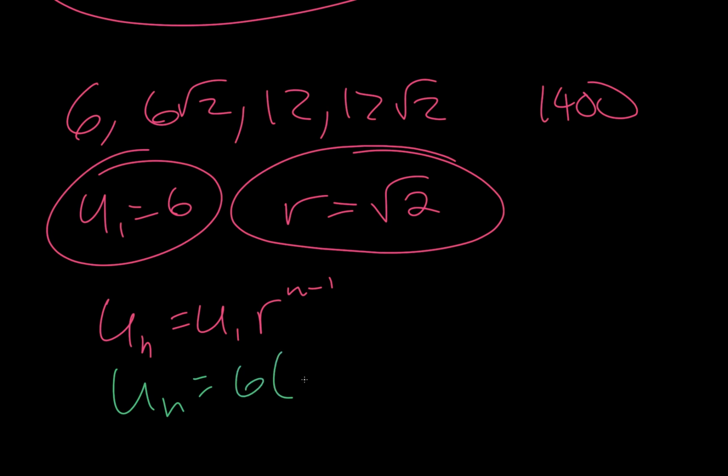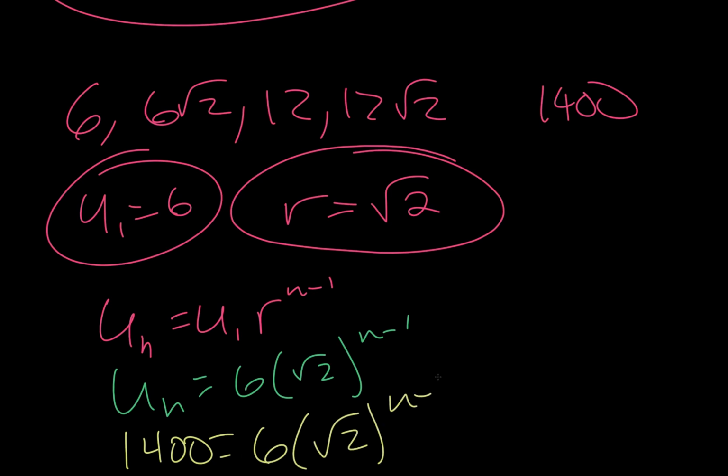So 6 times root 2 to the n minus 1. And we want it to be greater than 1400. And so we're going to find the n value at 1400. So I'm just going to say 1400 equals 6 times root 2 to the n minus 1.